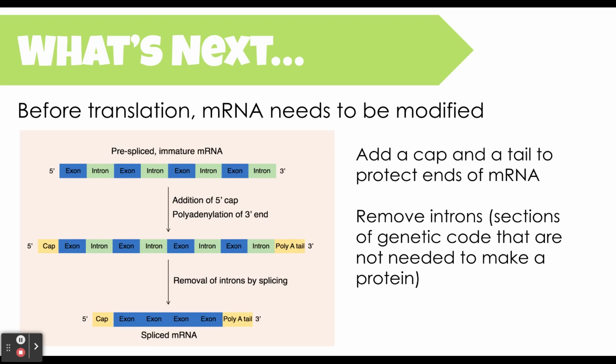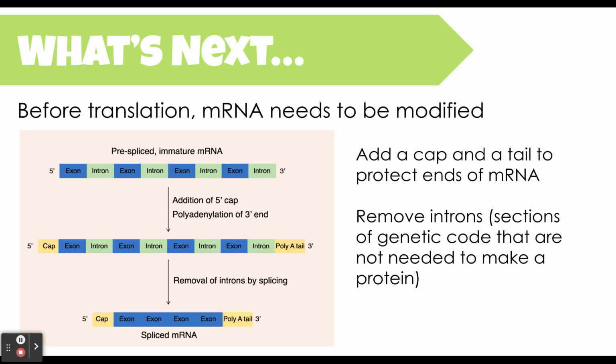So now we have copied DNA into this RNA message. But before that RNA can go on to the next step of being translated into a protein, that RNA needs to be modified. In your DNA, there are parts that are useful for making proteins and parts that are not necessary.